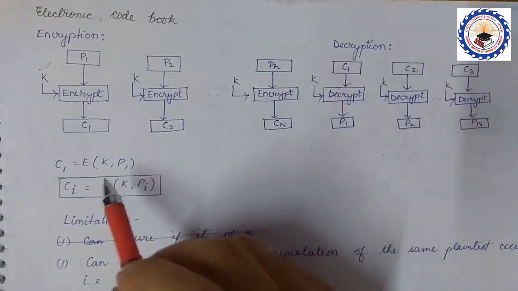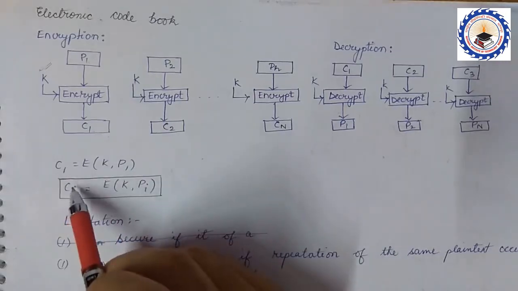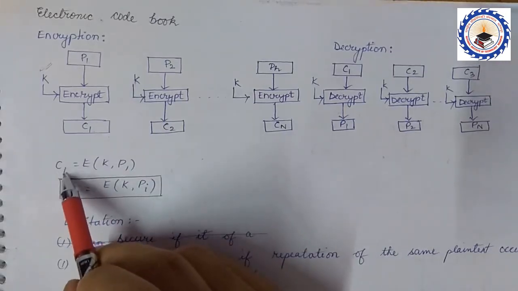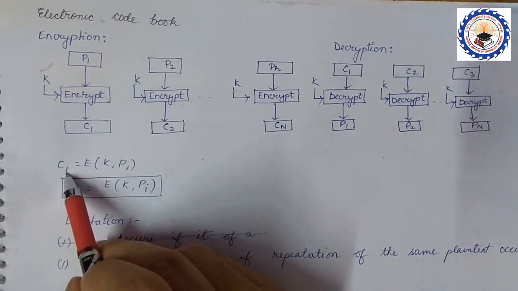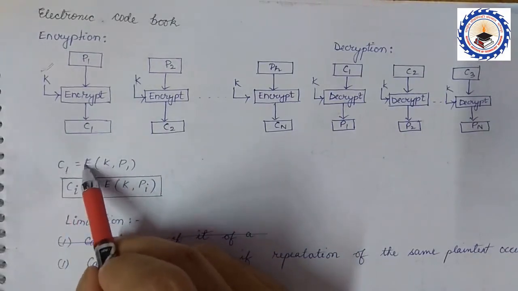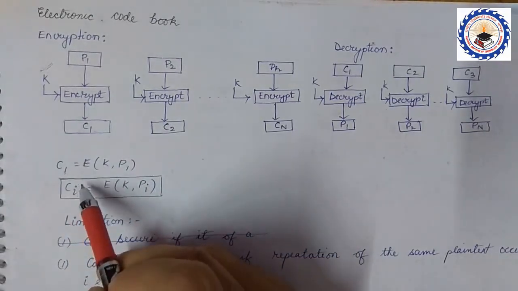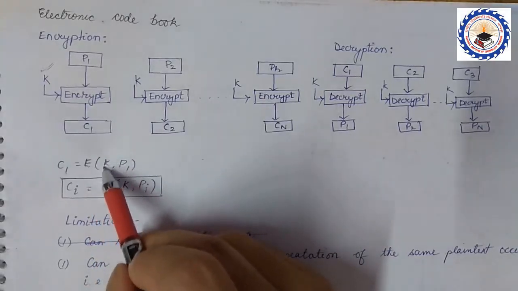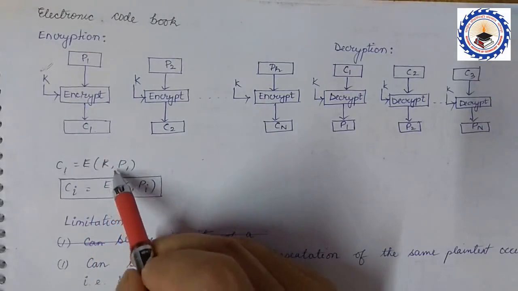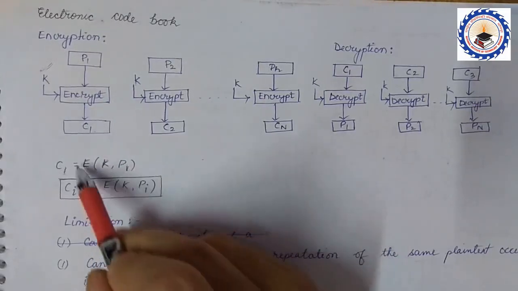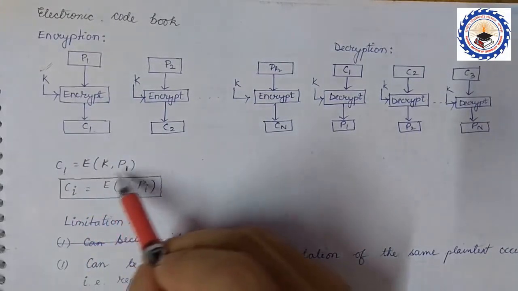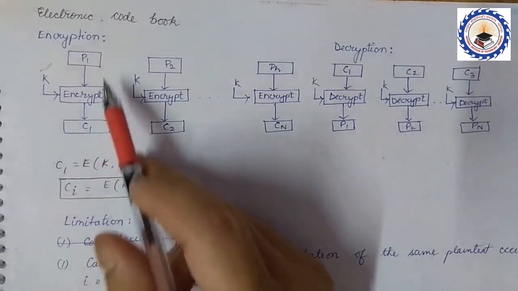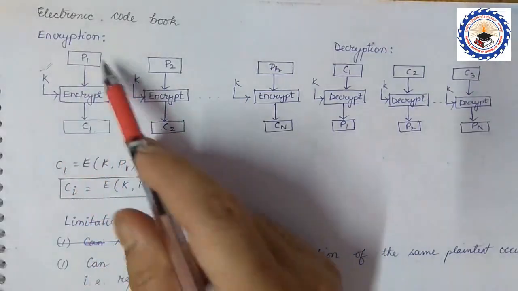So how is the encryption actually performed here? Usually we write it in this manner. If I want to get the value for C1, I have to perform encryption. E stands for encryption here. What are the inputs to the encryption? K is the key, and P1 is the given plain text here. This is the mathematical representation of how we write the encryption formula.